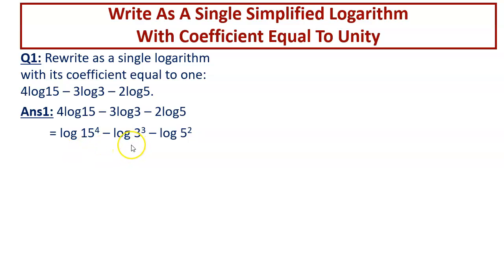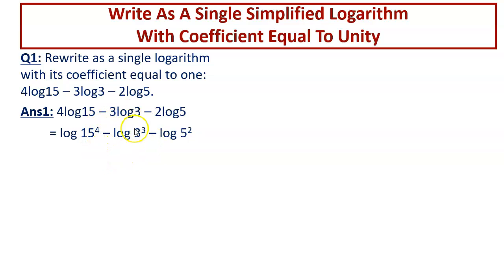Okay? So log of a plus log of b equals log of a times b, and log of a minus log of b is equal to log of a divided by b. We have learned these 2 laws of logarithms, the product rule and the quotient rule of logarithm.